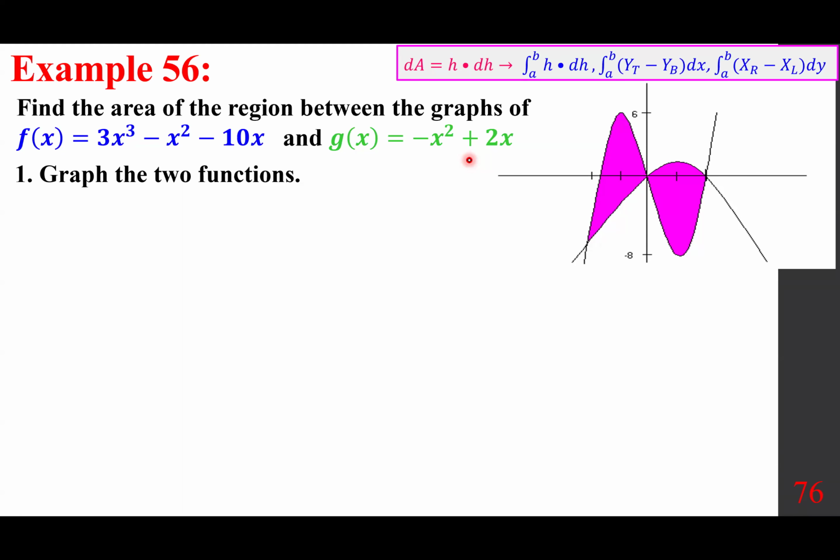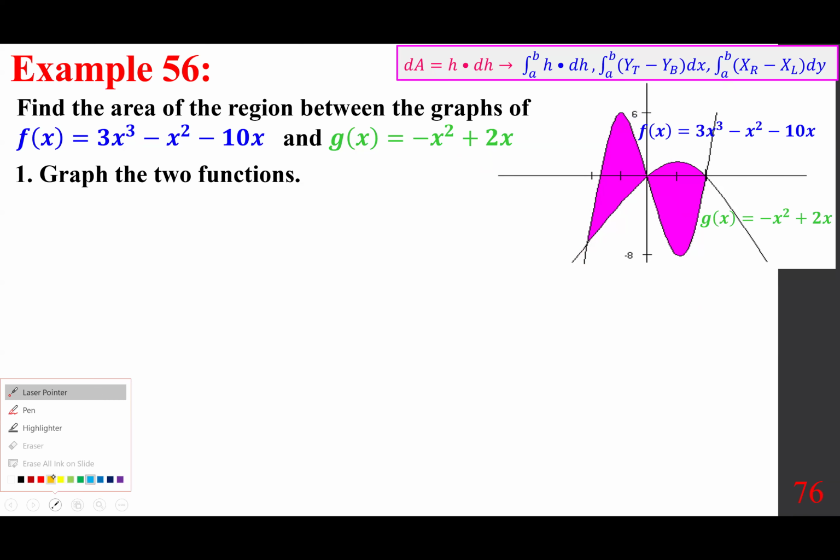So as you graph the two functions, f of x is the cube function. So this is the function, maybe I use some color on that. Let's see. So this is the function, everybody.